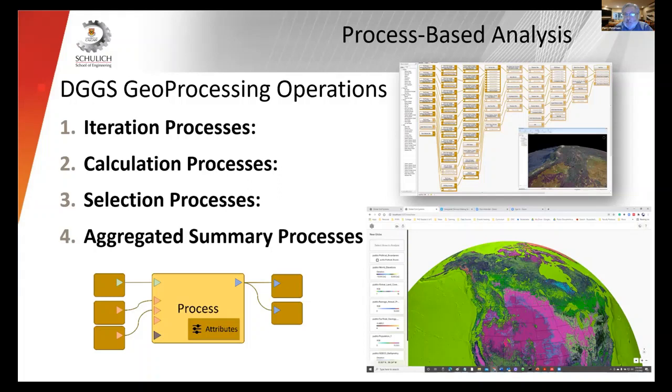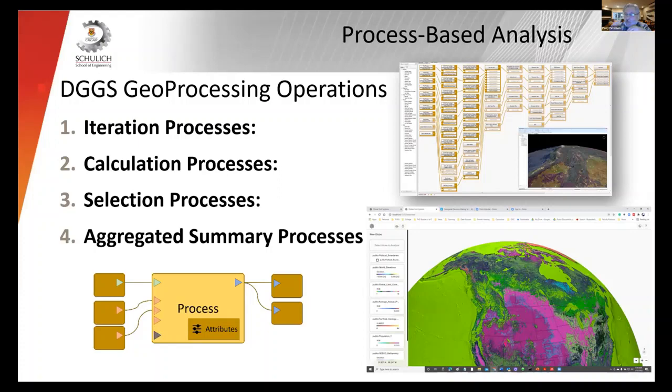A selection process is where we select cells. So with a bunch of cells, I could do a bounding box and aggregate those cells. Or as Erin has shown, I could delineate a watershed. Now I have a collection of cells. They don't have to have any data values in them. So any process that produces a collection of cells, what might be called geometry, is a selection process.